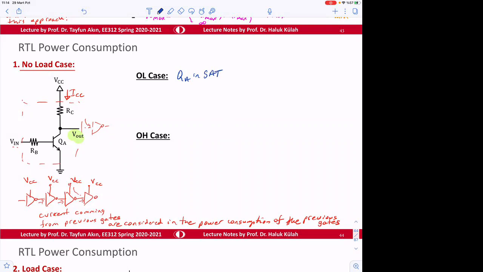So therefore, ICC is going to be equal to IC, which is equal to transistor collector current. And that's going to be equal to 5 minus 0.2 divided by RC.